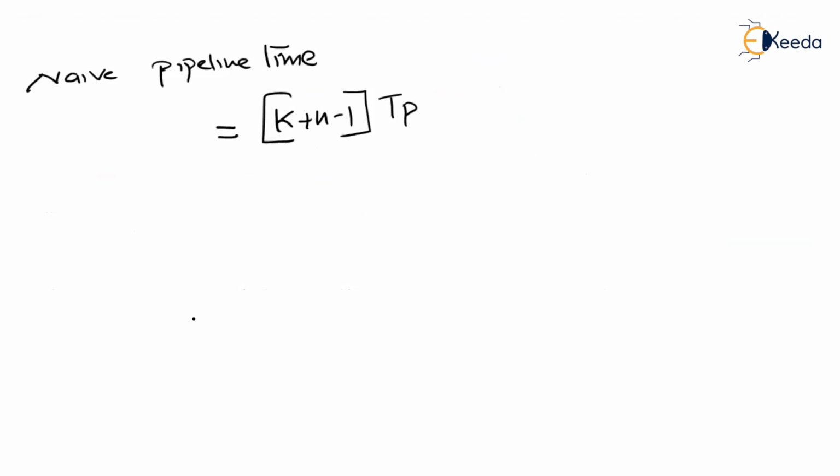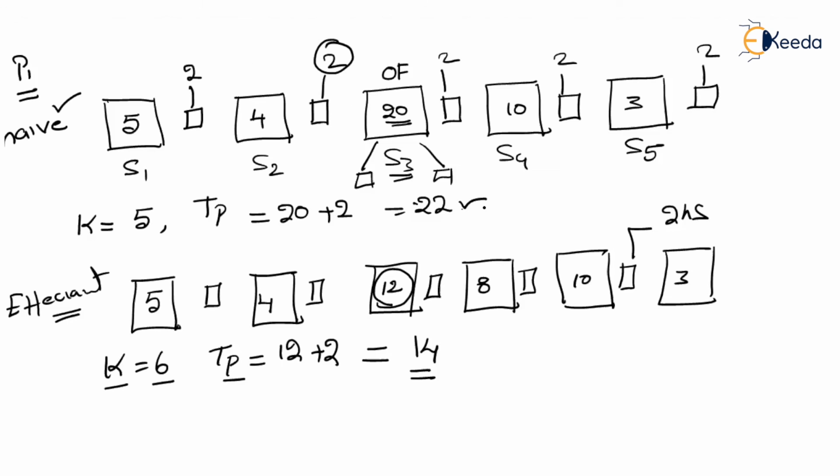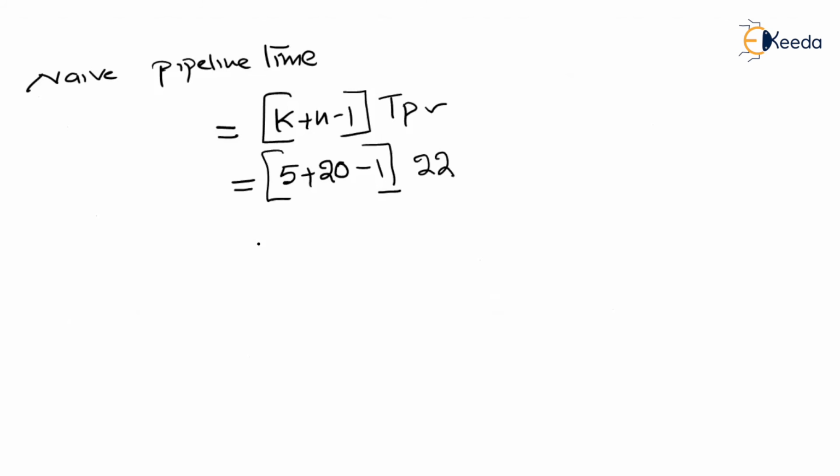So it is 20 minus 1, and TP for the naive pipeline is equal to 22. That is 24 into 22, which is equal to 528.